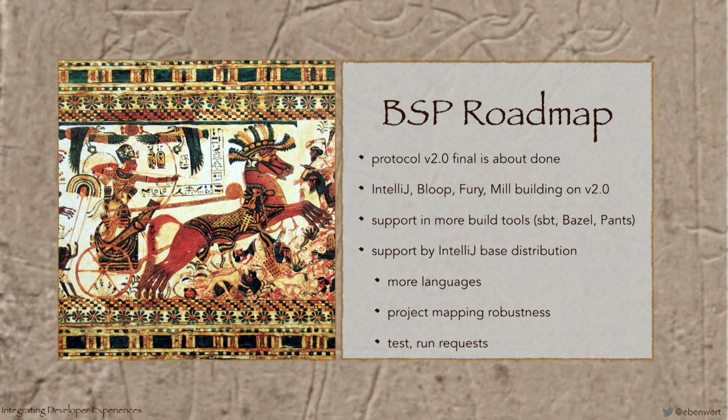But that would entail, of course, supporting more languages besides Scala, such as obviously Java, Kotlin. I've also seen some Swift developers looking into supporting BSP on server and maybe client side for better integrating their build tools.